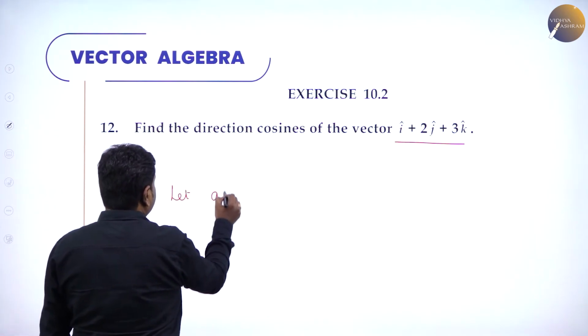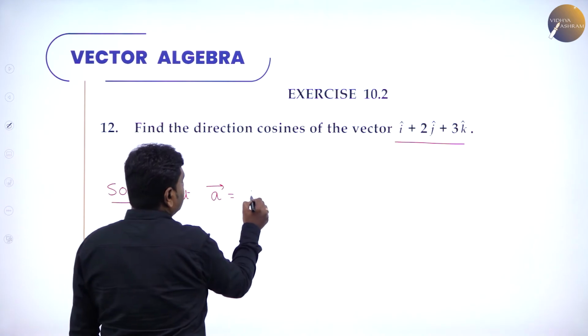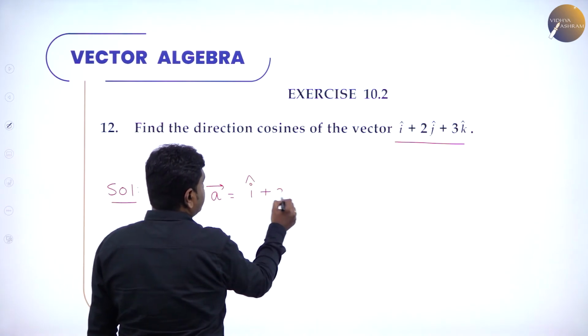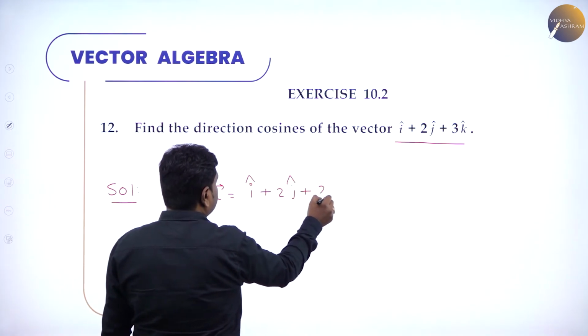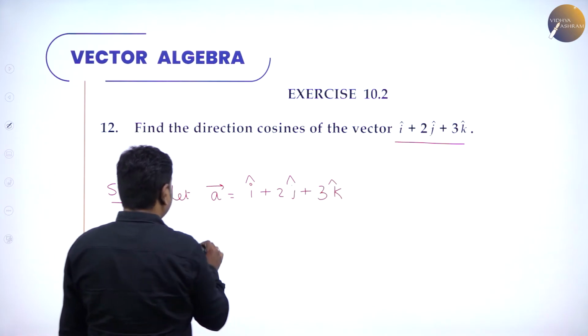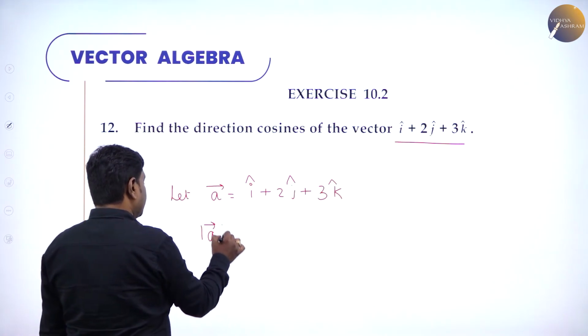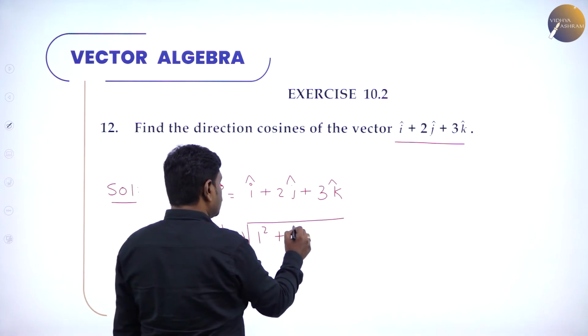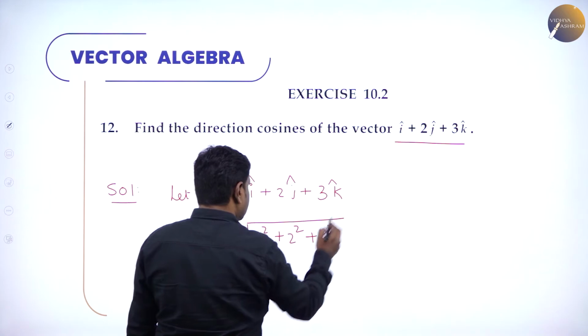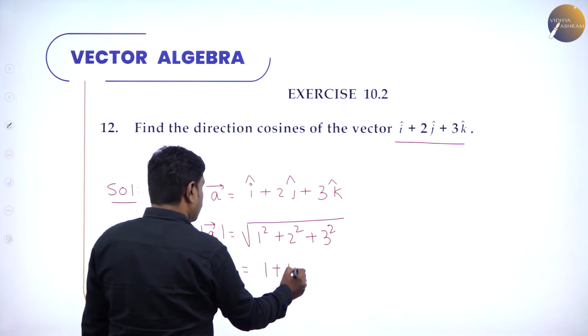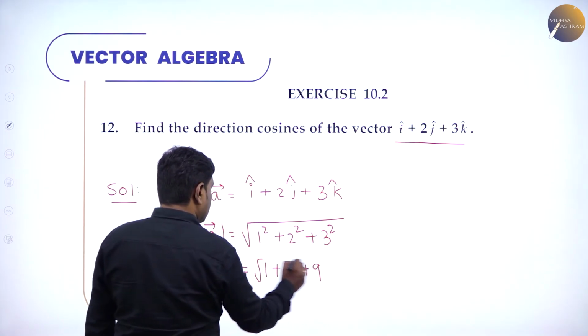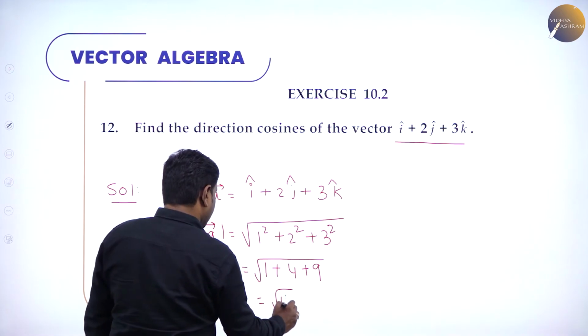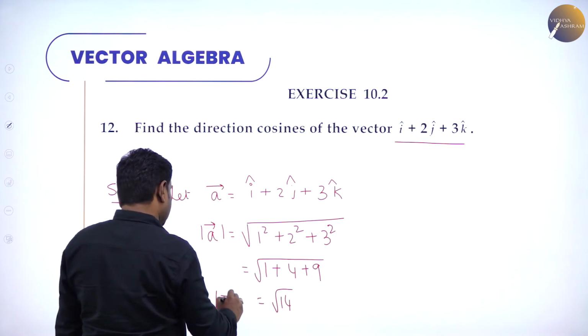Let vector A be the given vector, that is i cap plus 2j cap plus 3k cap. Then find the magnitude of this. You know how to find the magnitude of a vector: root of the coefficients squared, 1 square plus 2 square plus 3 square, that is 1 plus 4 plus 9, that is root 14. Now you got the magnitude, but they want direction cosines.